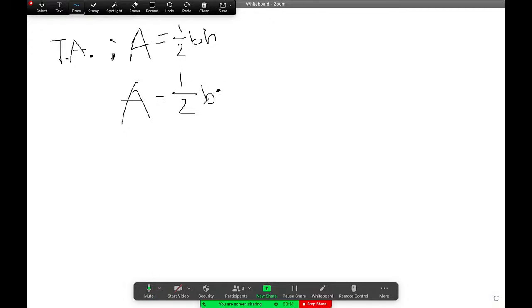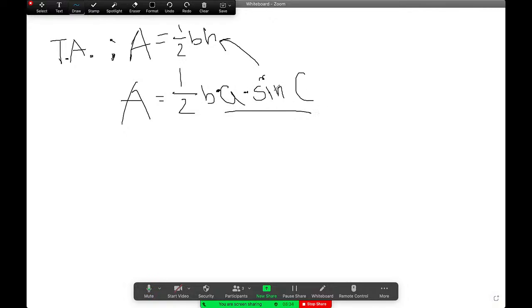So you have 1/2 B times A times sine of C. So this is the same thing as this. And yes, I drew these in very deliberate places.